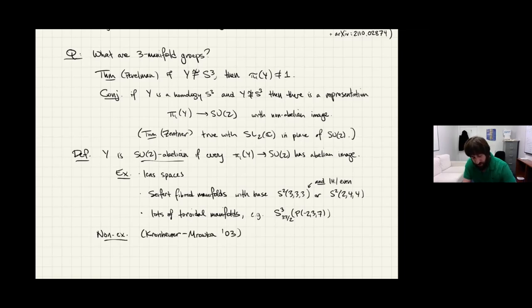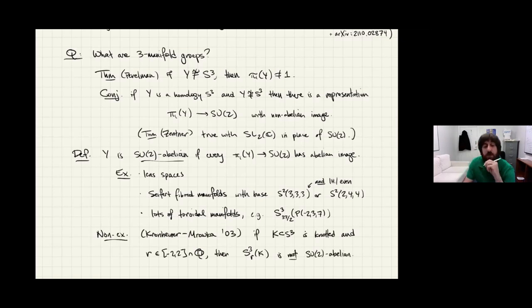The theorem is, if K is a non-trivial knot in S3, and we take any rational slope r with absolute value at most 2, then they proved that you could do r surgery on K, and this is not SU2 abelian. So you can always find a representation into SU2 that proves it's not something like a lens space.